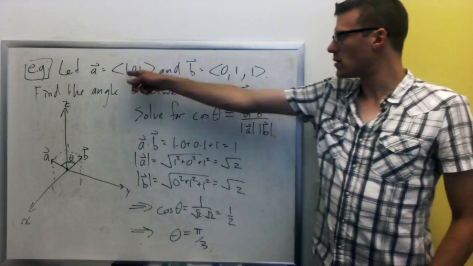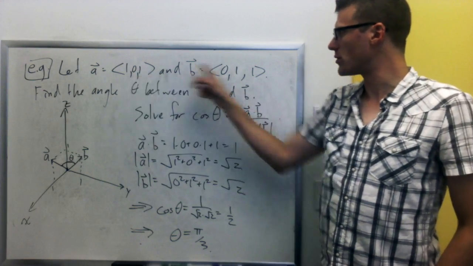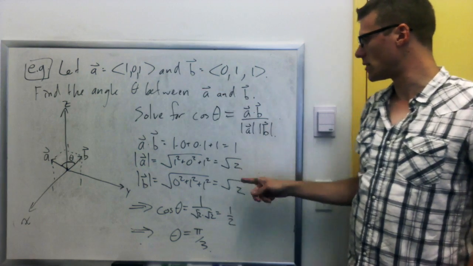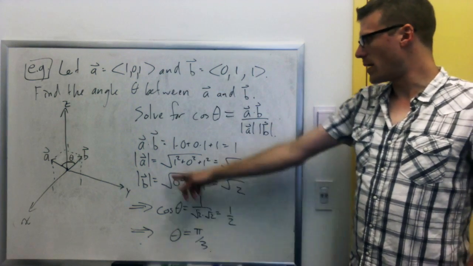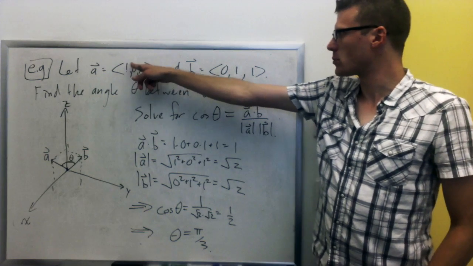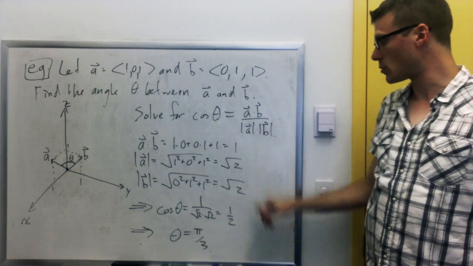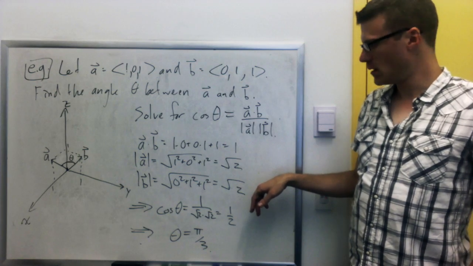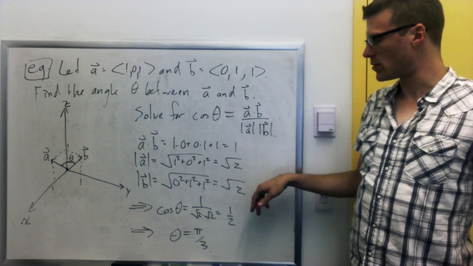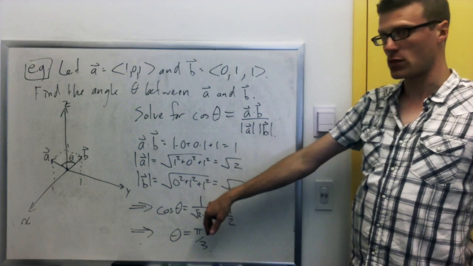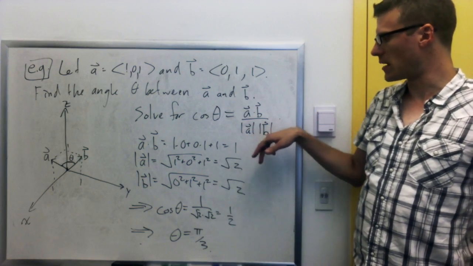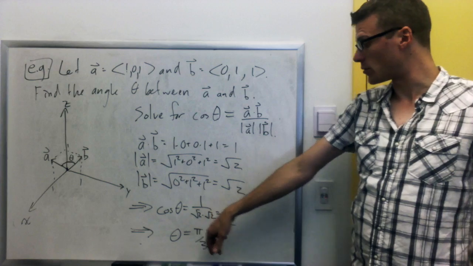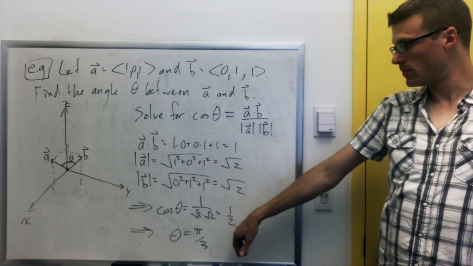A dot B is 1 times 0 plus 0 times 1 plus 1 times 1, which is 1. The magnitude of A is the square root of 1 squared plus 0 squared plus 1 squared, so that's the square root of 2. Pretty much the same thing for the magnitude of B. So plugging all this in, the cosine of theta is A dot B, which is 1, over the product of the magnitudes, which is root 2 times root 2, which is 1 over 2.